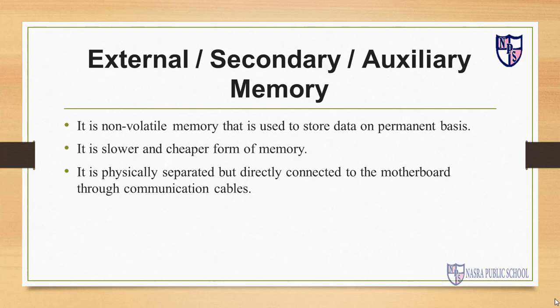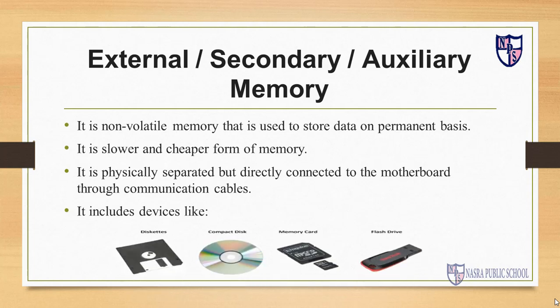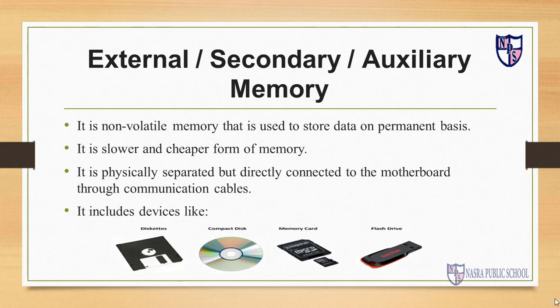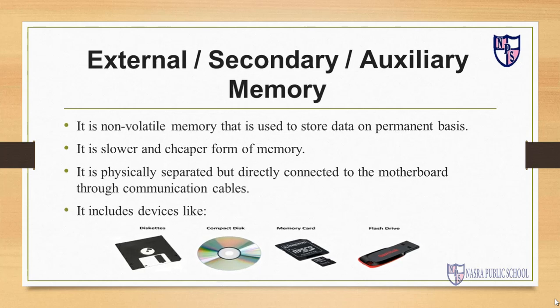It is physically separated but directly connected to the motherboard through communication cables. It includes devices like diskettes, compact discs, memory cards, and flash drives. So these are the examples of external or secondary memory.